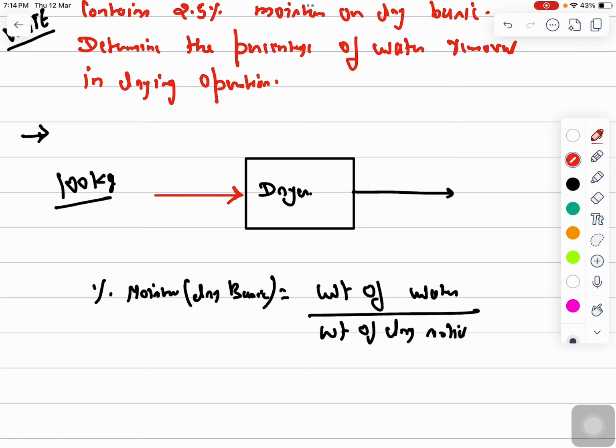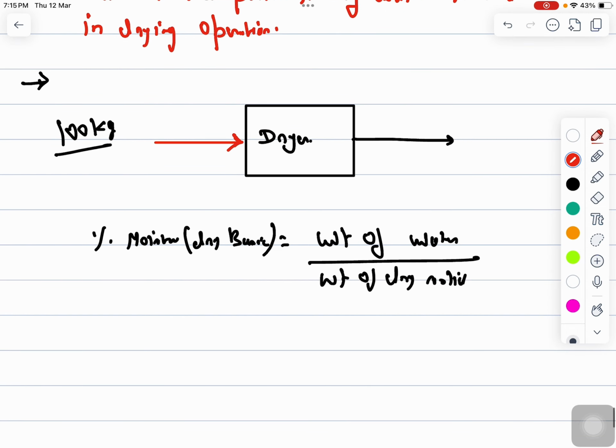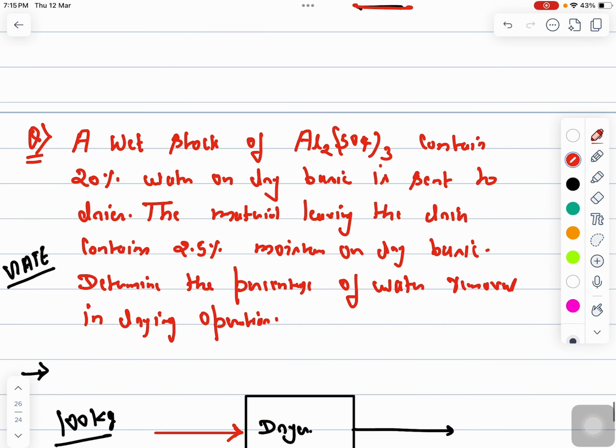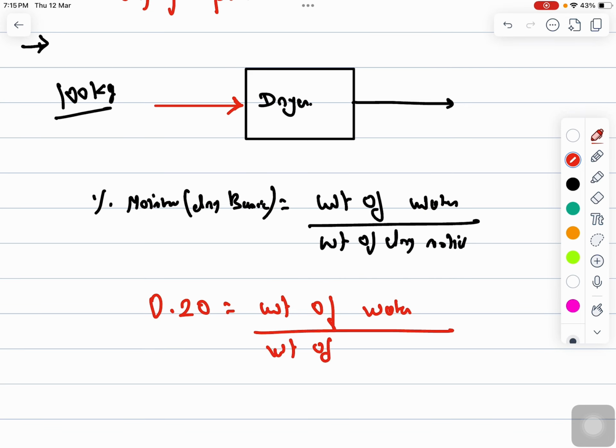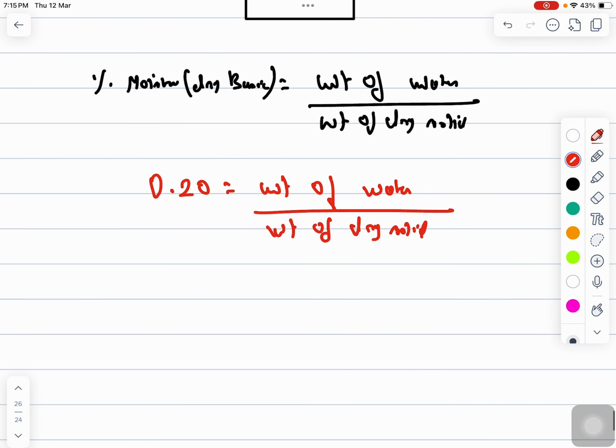And if you see here, it is given as 20%, so I'll write it as 0.20, that is equal to weight of water divided by weight of dry solid. Is that clear?